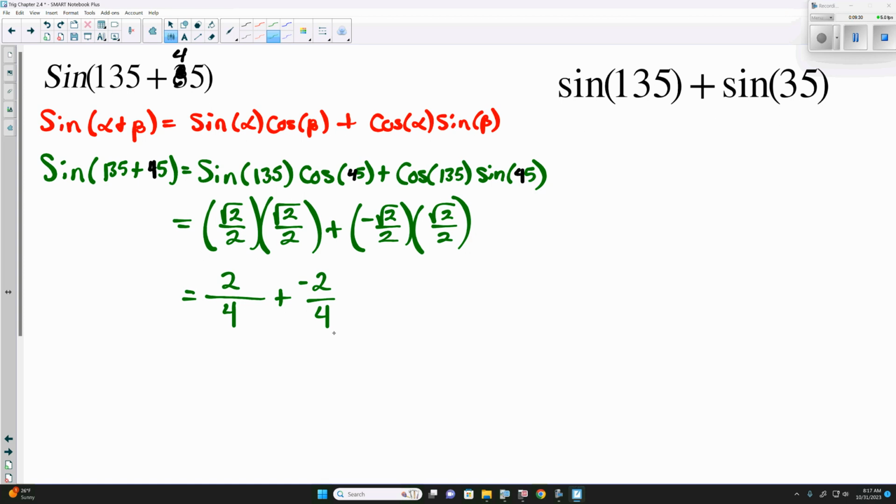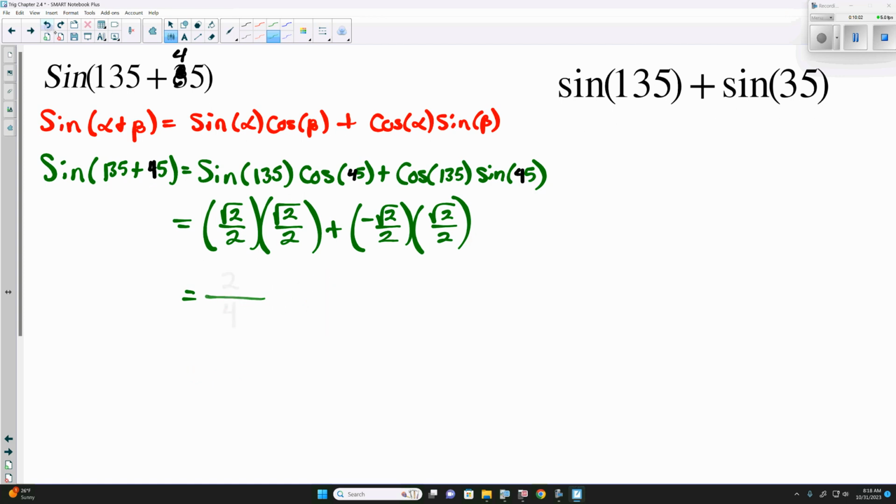But 1/2 plus negative 1/2 is 0. Because 135 plus 45 is 180. We could have done this the other way. Does that make sense?